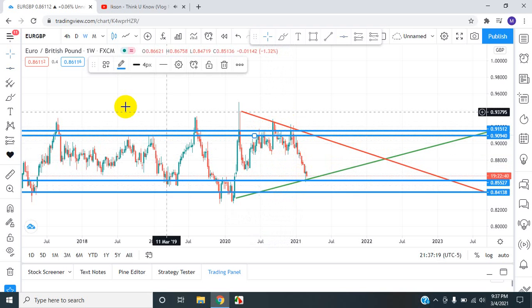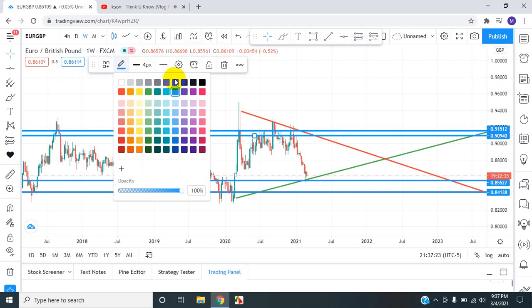So this is the area of a peak. I'm also going to change the color so we can identify the time frame the SR line was done on.